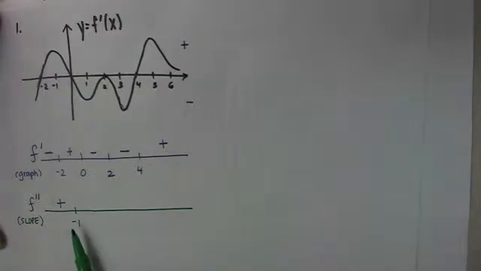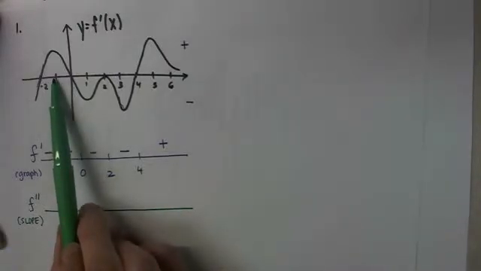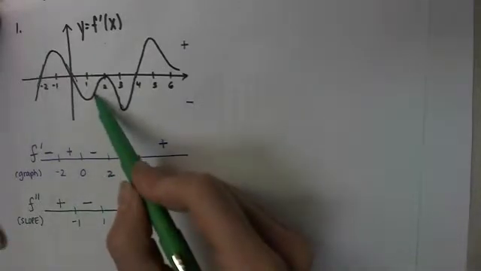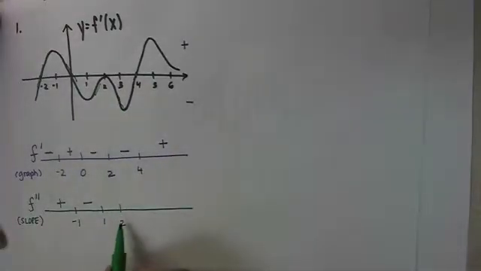Between -1 and 1, the slope of the derivative is negative, which means the second derivative is negative. Then the slope becomes positive again, so between 1 and 2, the second derivative is positive.